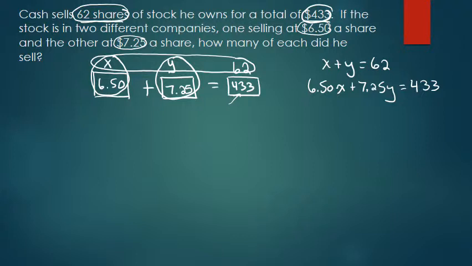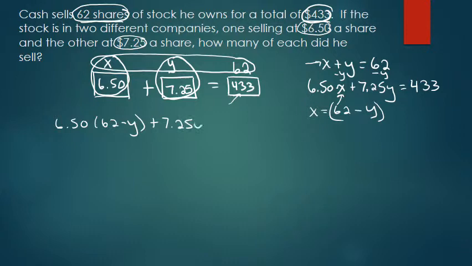Okay, so I'm going to use my general equation to isolate a variable. I'm going to subtract Y from both sides. So I get X equals 62 minus Y. Now I have $6.50 times 62 minus Y plus, and again that's because I took this and plugged it in for my X, $7.25 Y. That's this portion of the equation, and again that equals 433.